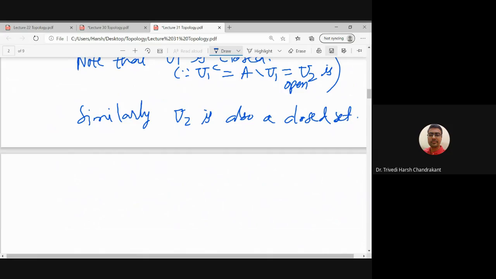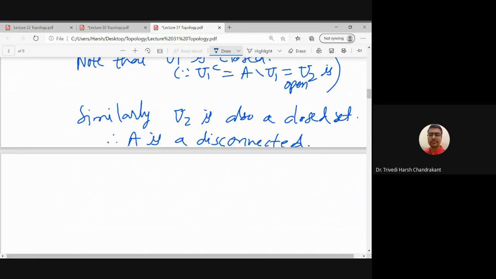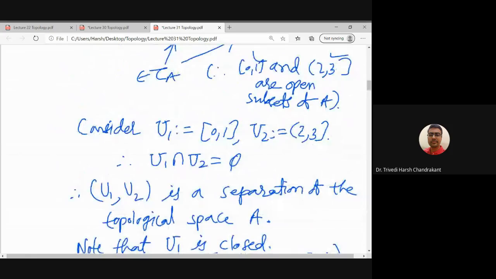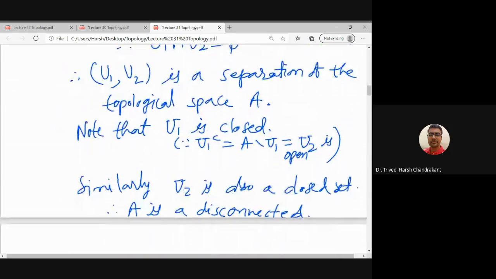We got the separation, therefore E is a disconnected topological space. So E is disconnected because u1, u2 is a separation, right?